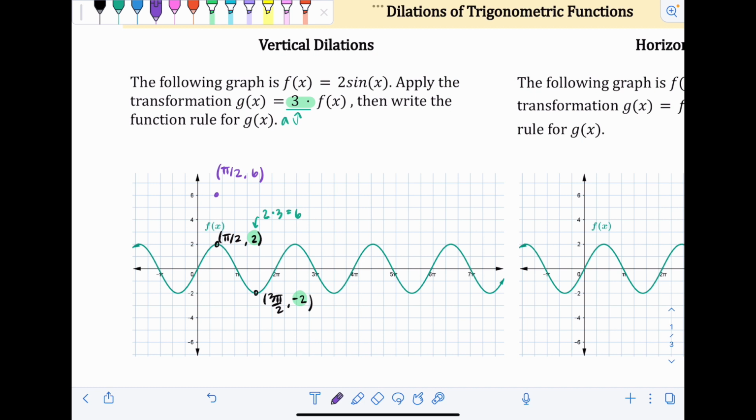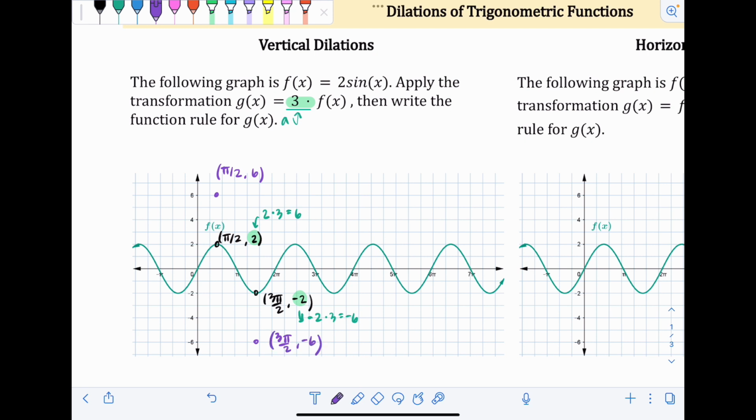The same thing happens with this one down here. It happens to all of the points, but we just want a few to get a feel for how the shape of the graph is going to change. So I do negative 2 times 3, the scale factor, so that becomes negative 6. That point, 3 pi over 2, gets pulled downward and becomes 3 pi over 2, negative 6.